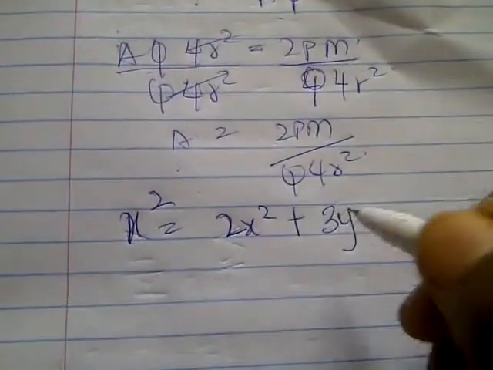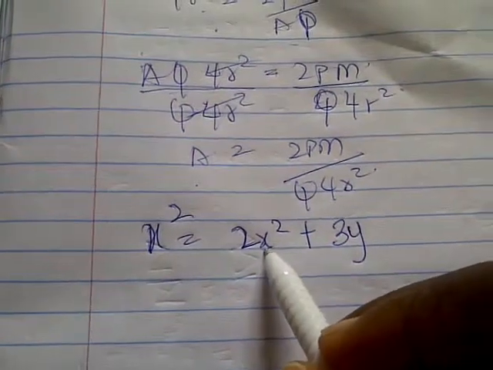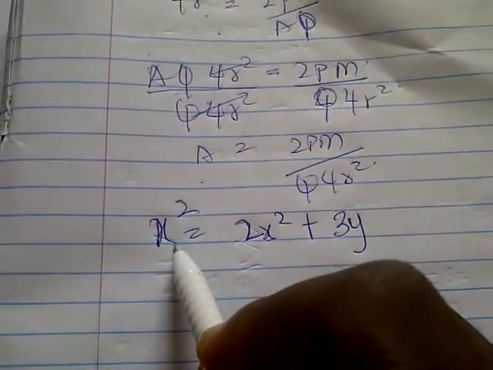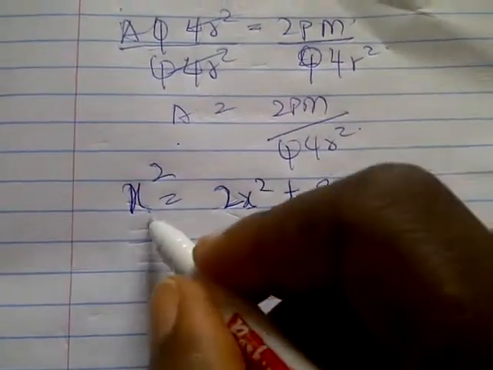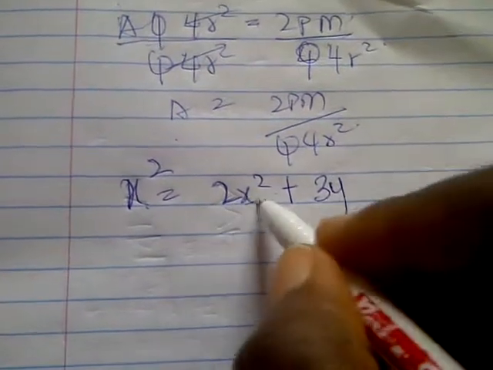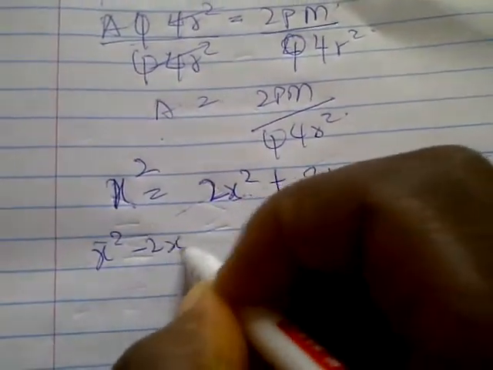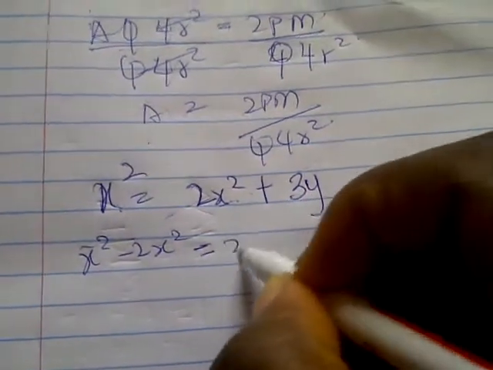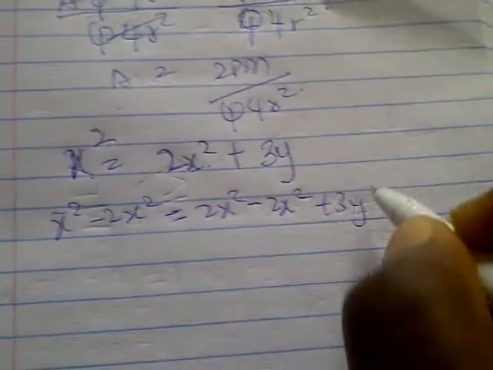And you're asked to make x subject of formula. Now we need to take this and bring it over to this side. For you to do that, you subtract 2x squared from both sides. So that's x squared minus 2x squared equal to 2x squared minus 2x squared plus 3y.